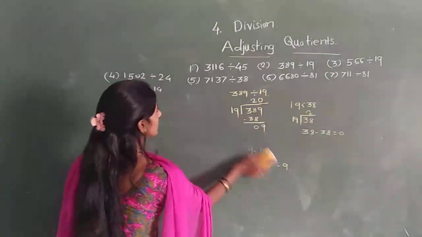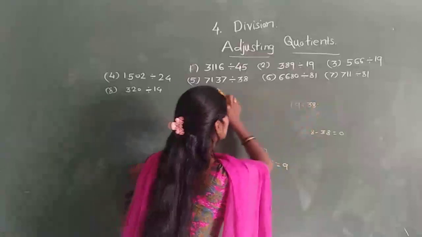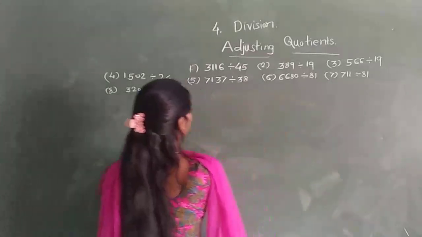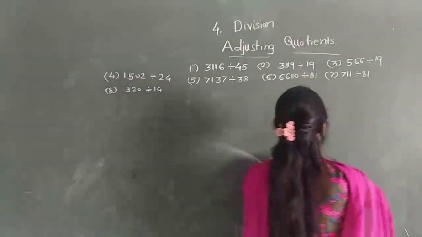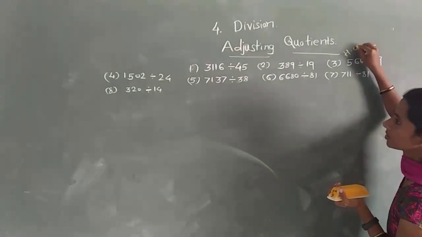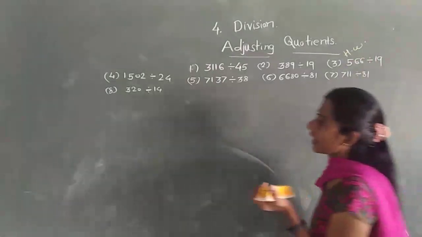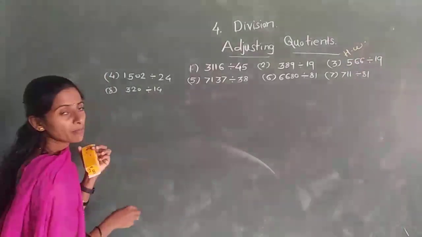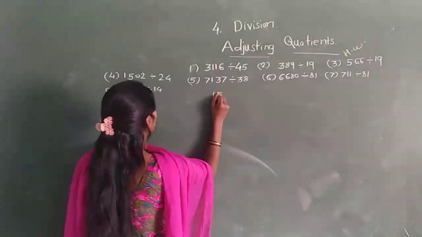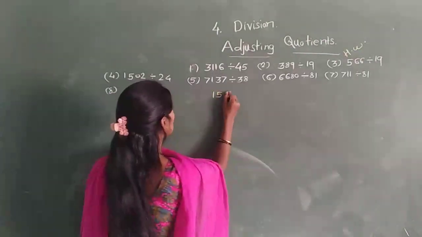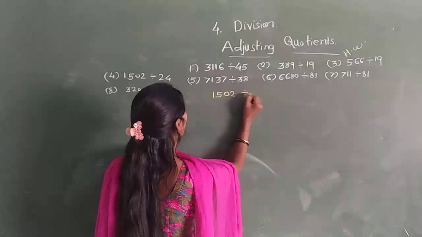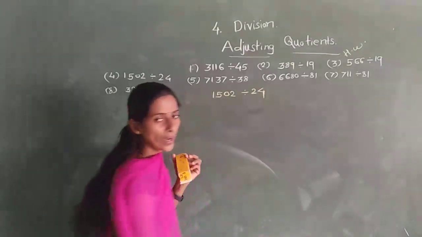Next, example number 3 is homework. So solve example number 4: 1502 divided by 24.